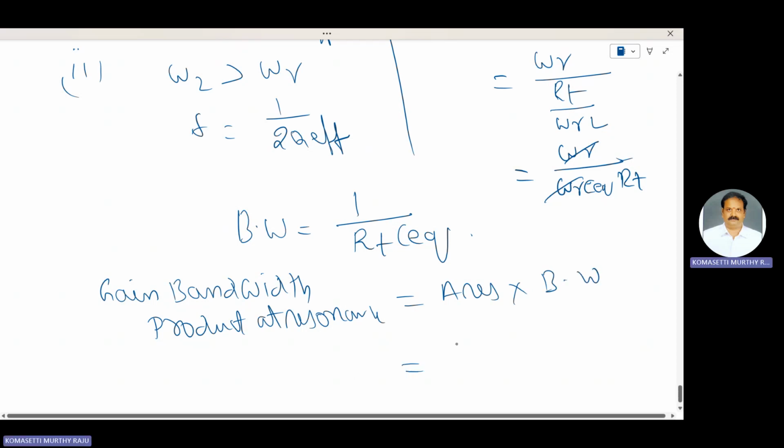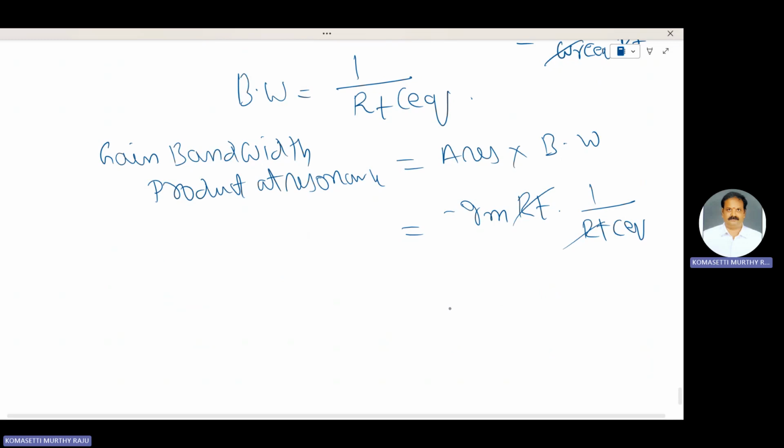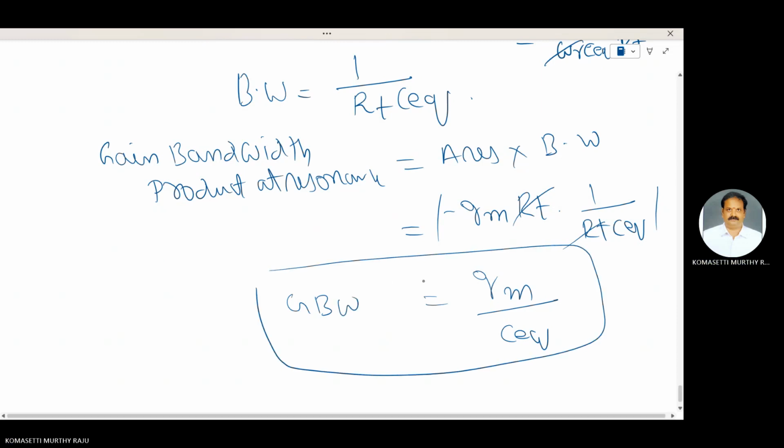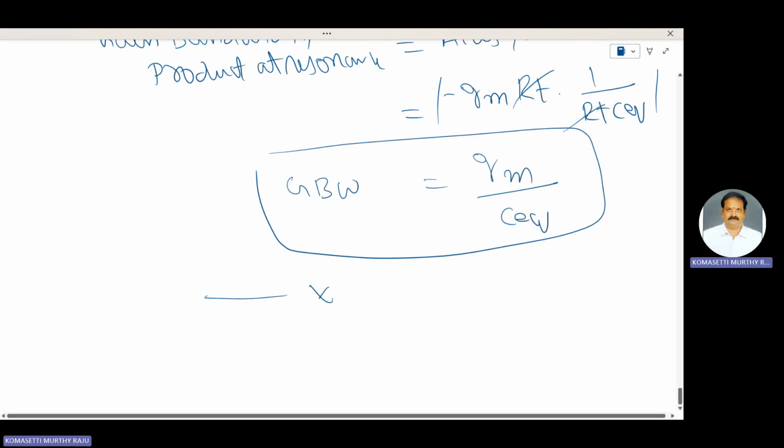Gain at resonance is, taking the modulus, gm into RT. Bandwidth is 1 by RT C equivalent. RT cancels. Therefore, the gain bandwidth product is gm by C equivalent. With this, the analysis is completed.